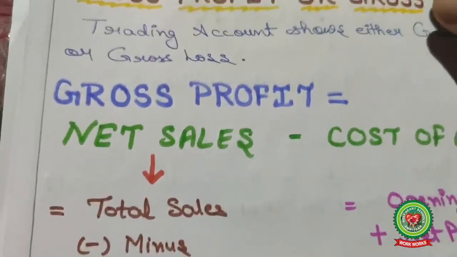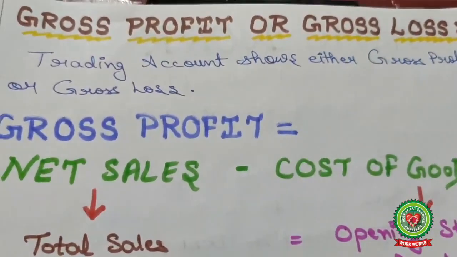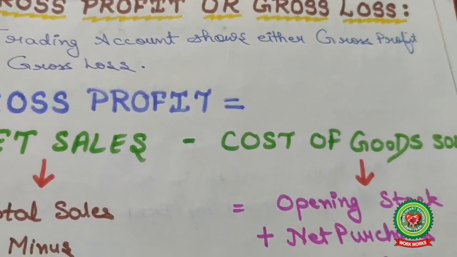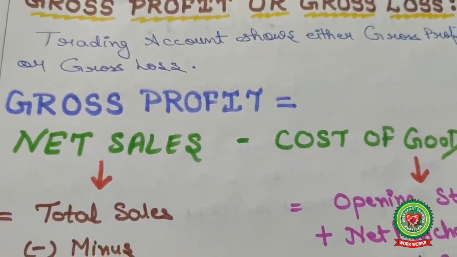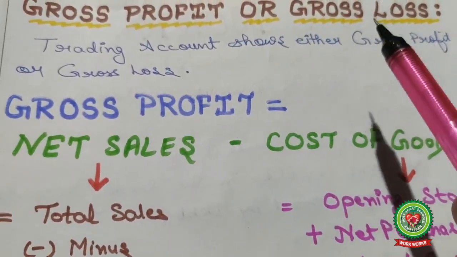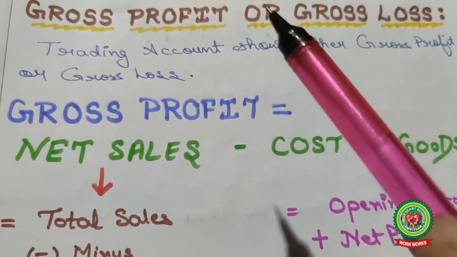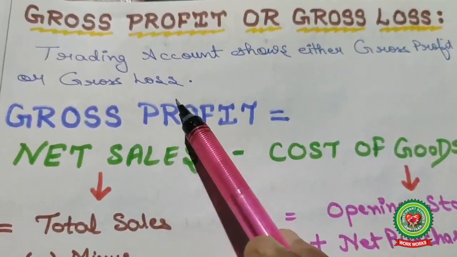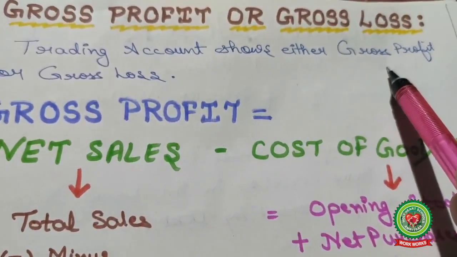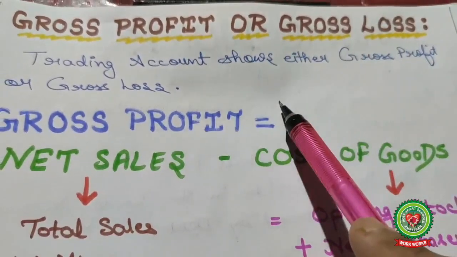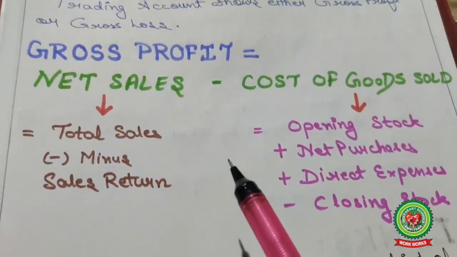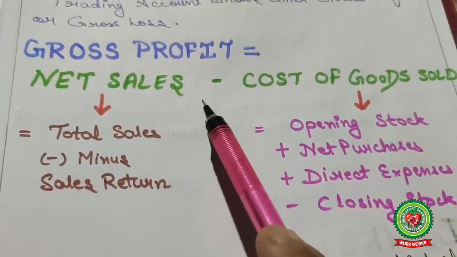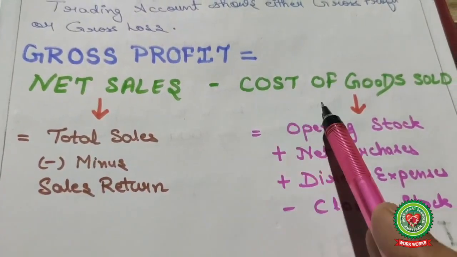Now see the explanation of this. The trading account shows either gross profit or gross loss. If your debit side is more and your credit side less, it means gross loss. If your credit side is more and debit side less, then gross profit. Gross profit is equal to net sales minus cost of goods sold.